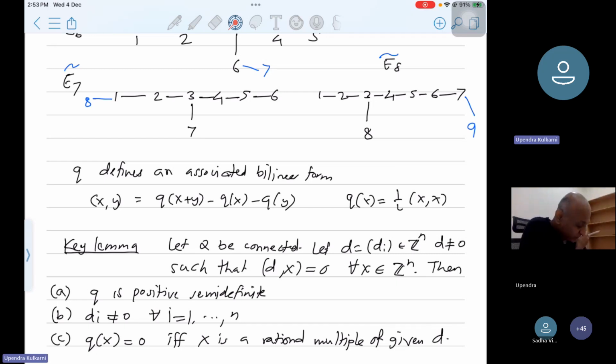Our strategy to prove the equivalence of 2 and 3, to detect precisely those quivers that are of positive definite type, is to first solve the problem for positive semi-definite. And for this, we are going to have a key lemma. So this is what I have written over here.